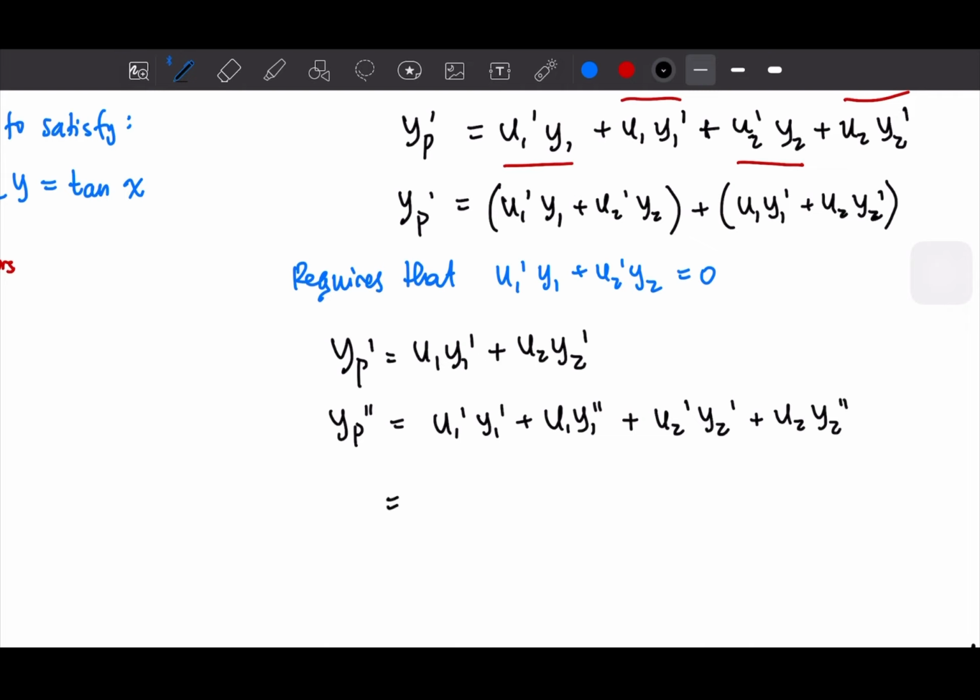Then we combine the u1 prime y1 prime plus u2 prime y2 prime, and combine u1 y1 double prime plus u2 y2 double prime.